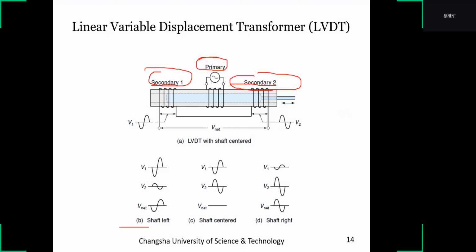When the shaft moves to the left and right, the output is different.